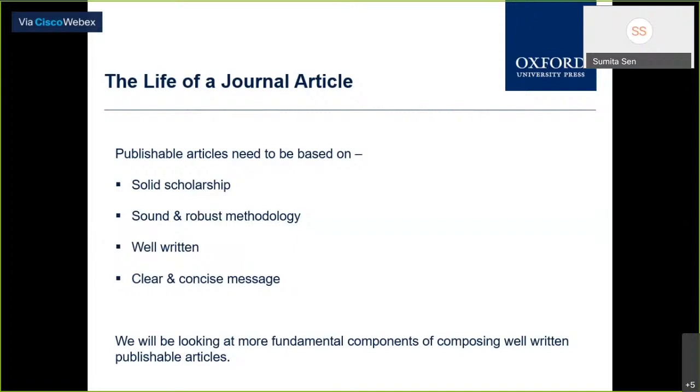That's no discovery. Newton discovered that. Just because you're changing the apple to a coconut does not make it a new discovery. So your articles need to be based on solid scholarship, solid findings. How you've discovered that, the methodology should be very sound. It should make sense.